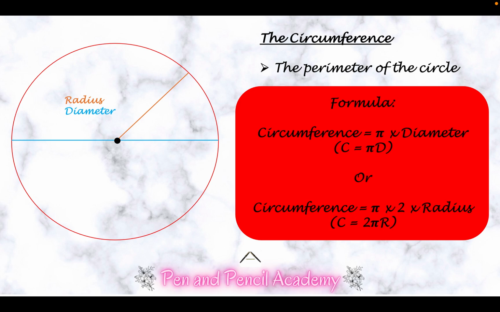So for short, the first equation is C equals pi d, and the second one is C equals 2 pi r. So these are really key formulae that you need to know for the circumference. And just remember, it's just the perimeter of the circle, so just the red outline that I've got on the screen here.